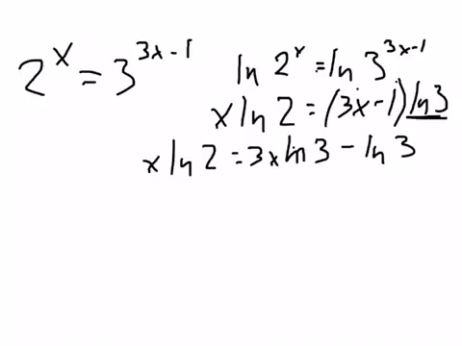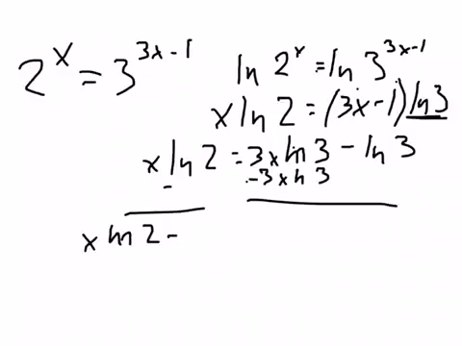Just like with any other equation, I want to get my x terms to the same side, so I'm going to subtract this 3x ln 3 over to the other side. Subtract that from both sides. So what I'm going to have is x ln 2 minus 3x ln 3 equals minus ln 3.